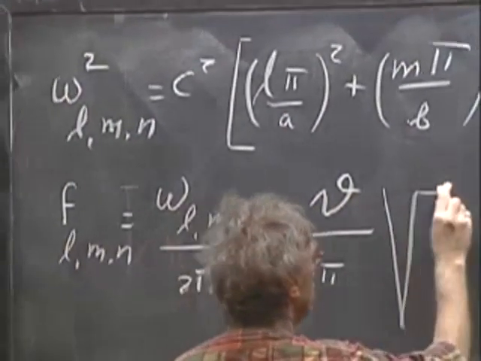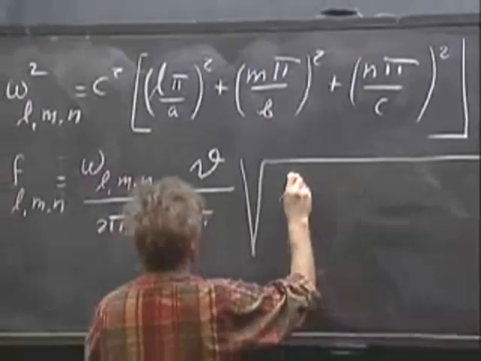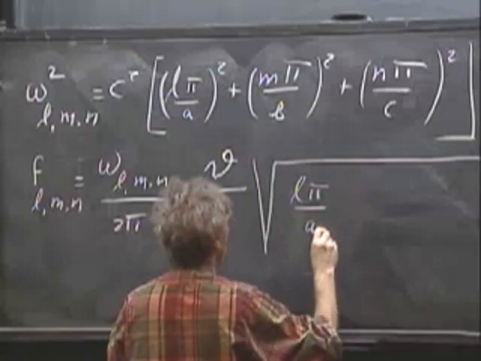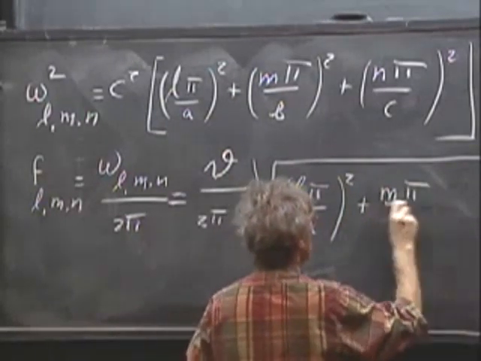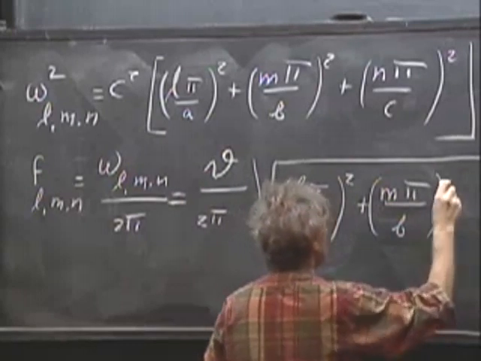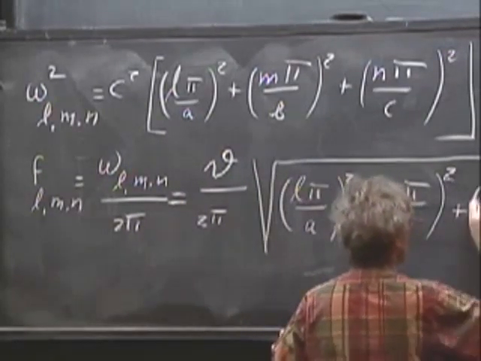And then I get here the square root of (L pi over a) squared plus (m pi over b) squared plus (n pi over c) squared.